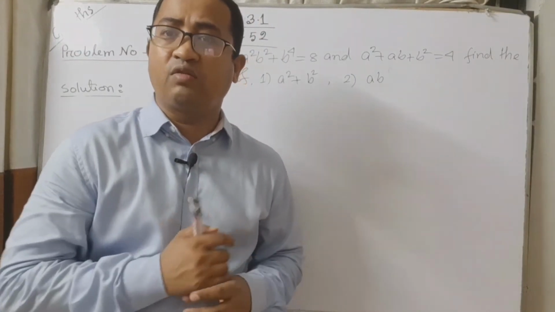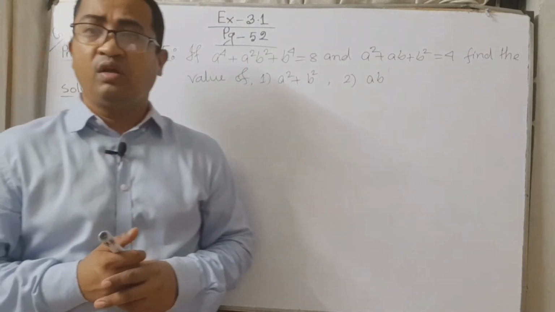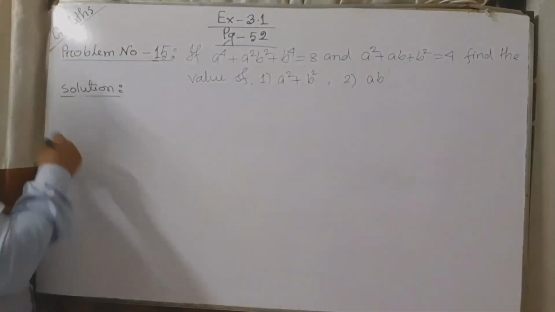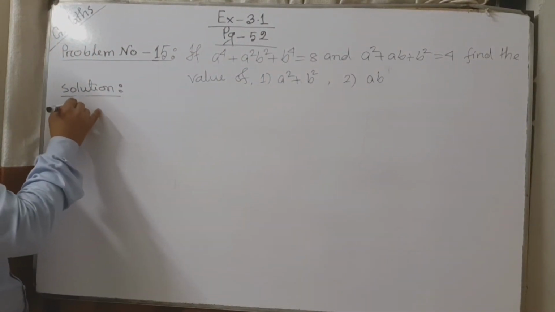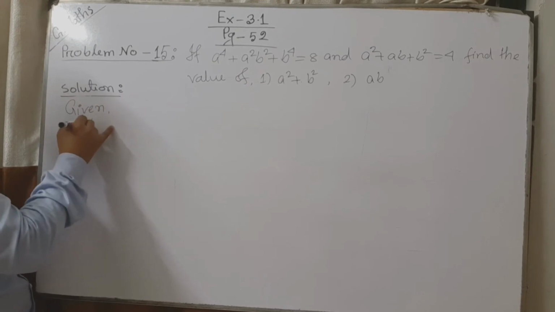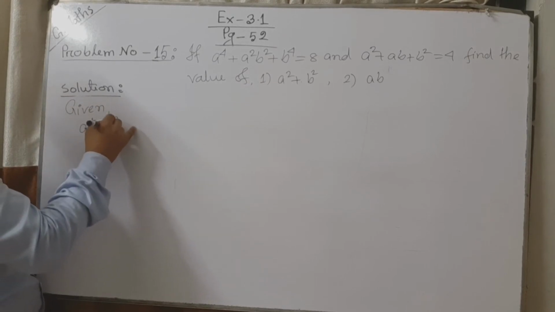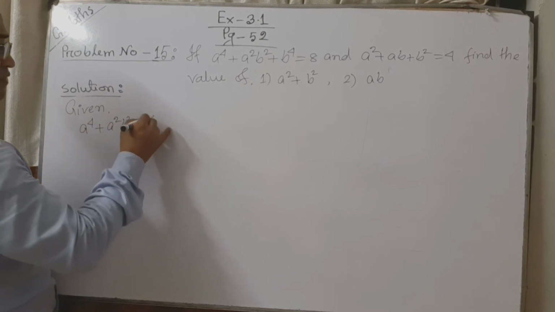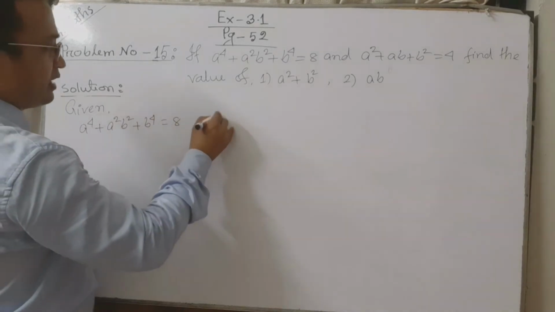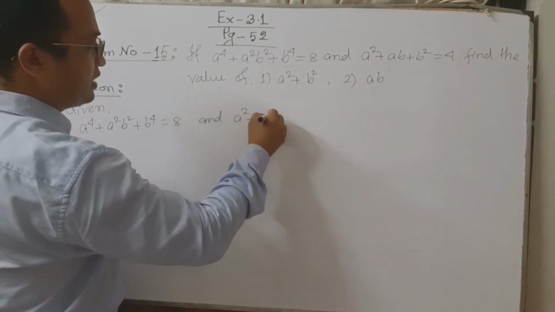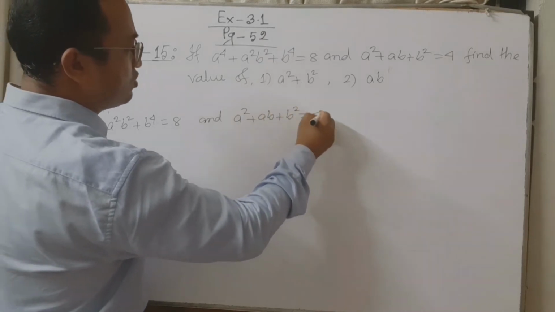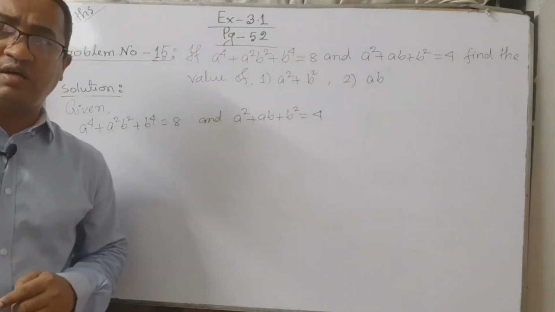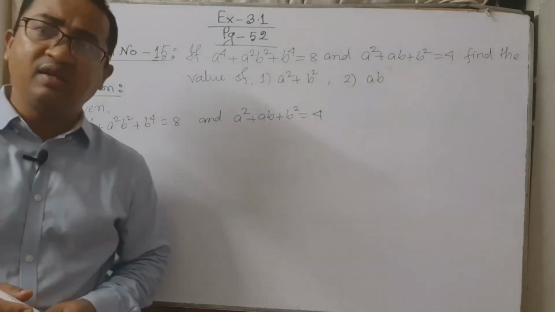So how can we find the value of a square plus b square? Here we will just follow a technique. Look at the board. Given a power 4 plus a square b square plus b power 4 equal to 8 and a square plus ab plus b square equal to 4. Now from this given we will find the value of a square minus ab plus b square.